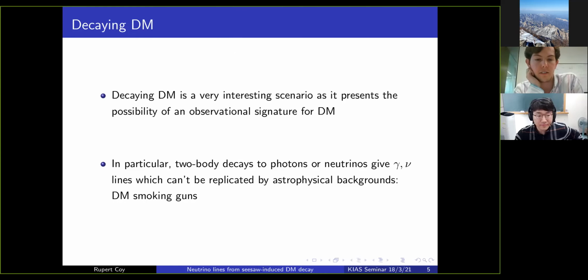The most interesting types of decays are two-body decays to photons or to neutrinos, because these give you photon or neutrino lines, which basically cannot be replicated by astrophysical backgrounds. And so these are considered smoking guns for dark matter. So these types of decays are particularly interesting to consider.